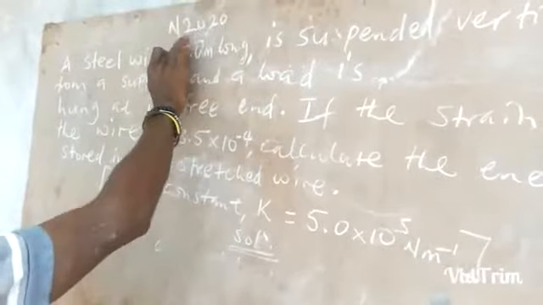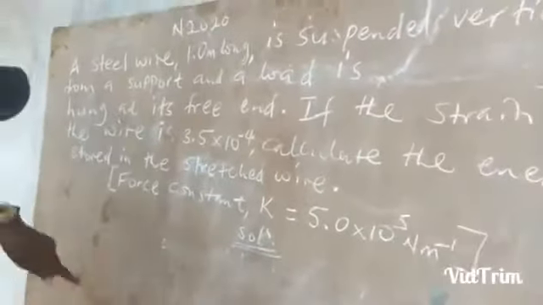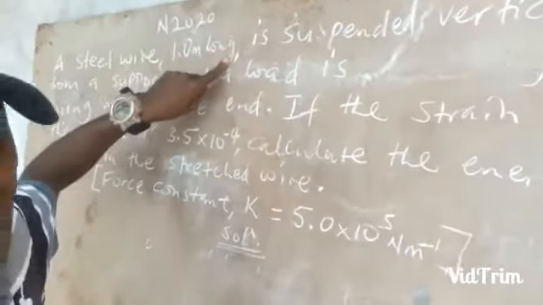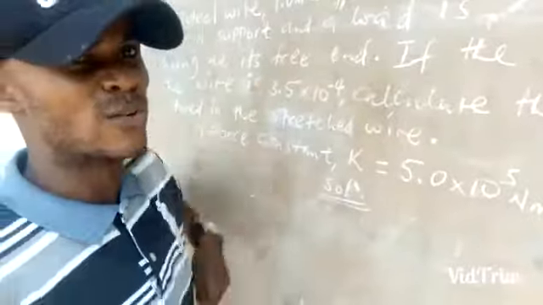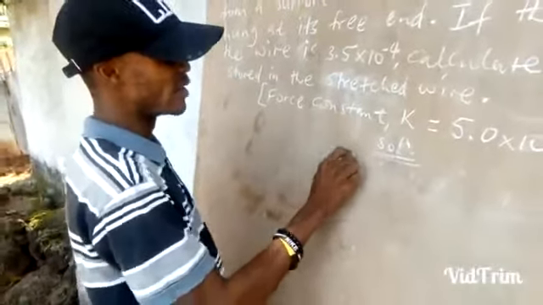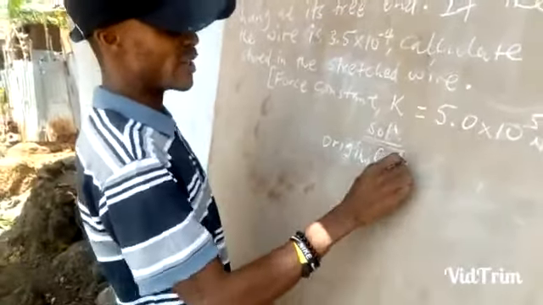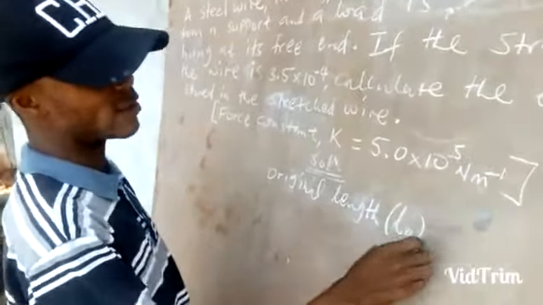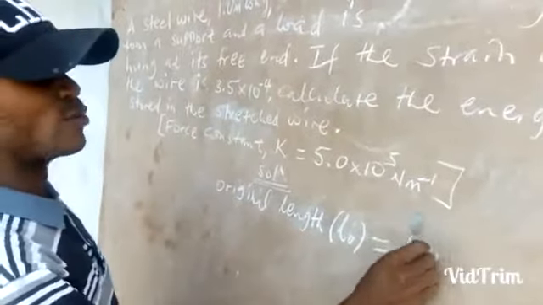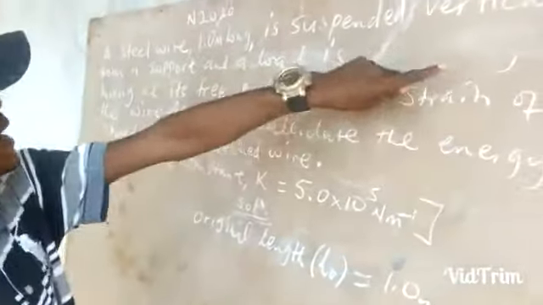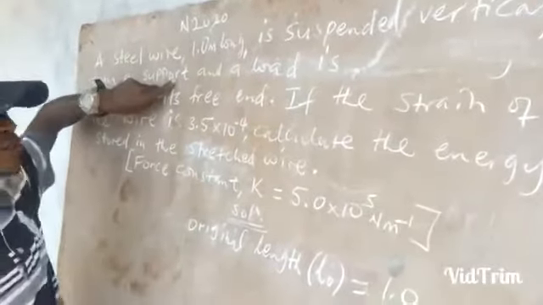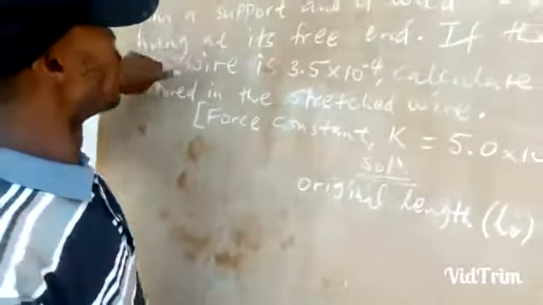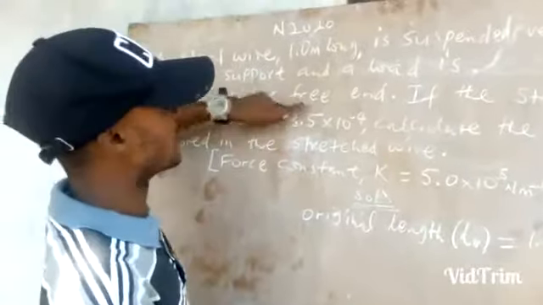It was a private class question last year, and it reads: a steel wire 1.0 meters long, that is the original length, with the symbol L0 equal to 1.0 meters, is suspended vertically from a support, and a load is hung at its free end.